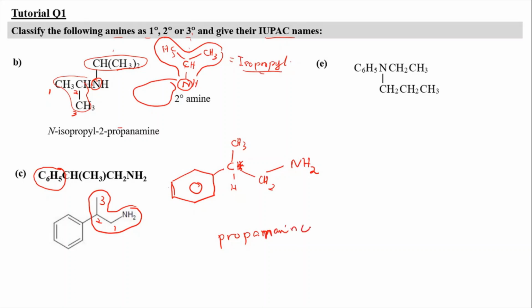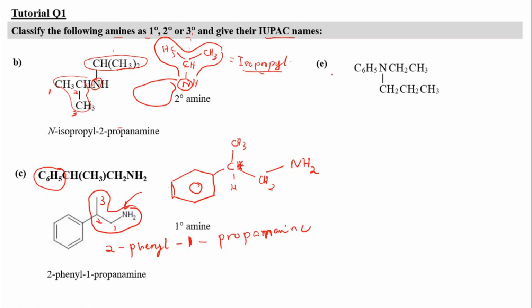This amine here is attached at carbon number 1, so it's going to be 1-propanamine, and then I will have my substituent at carbon number 2, which is phenyl. So it's going to be 2-phenyl 1-propanamine. It is a primary amine because the nitrogen here is only attached with one alkyl group here. The name is going to be 2-phenyl 1-propanamine.